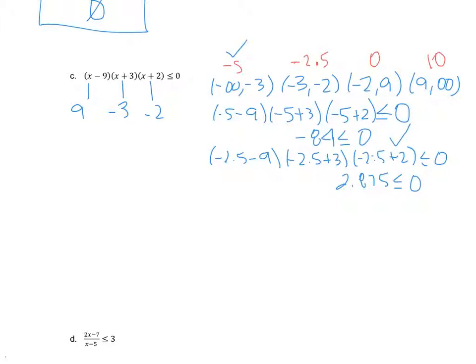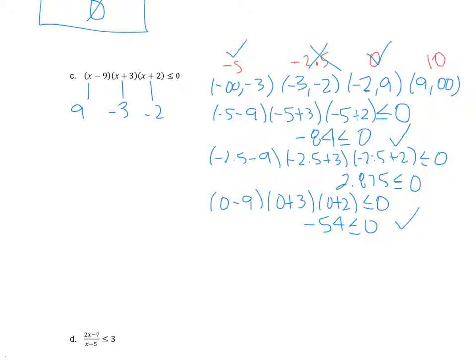Does that interval work? No, it does not. Okay, so then I'm going to try 0. 0 minus 9 times 0 plus 3 times 0 plus 2 is less than or equal to 0. And here you get negative 54 is less than or equal to 0. And that interval will work.